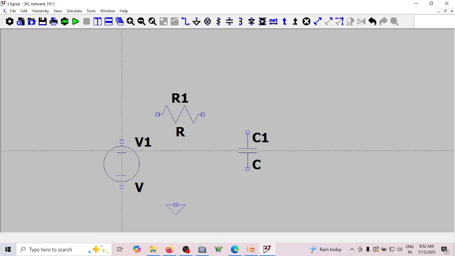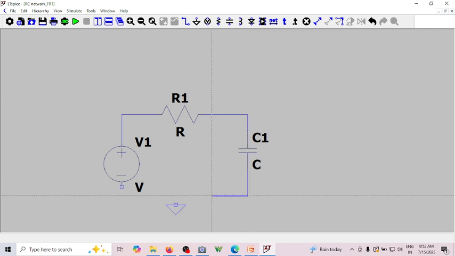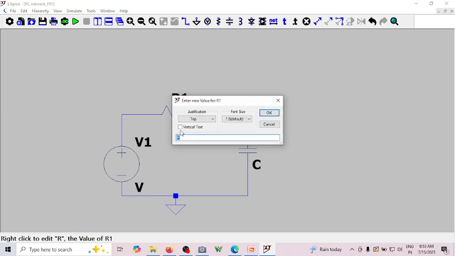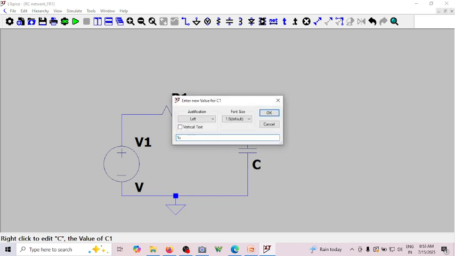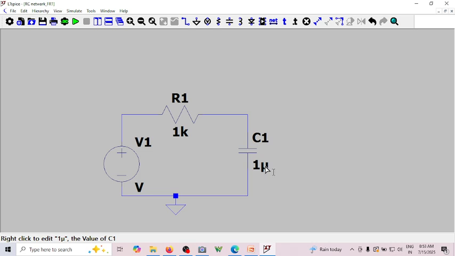Type W. You can start from here and run through the components to make the connections. This is my circuit and this is ground. I will change this value to 1k and this value to 1 microfarad. 1u corresponds to microfarad.